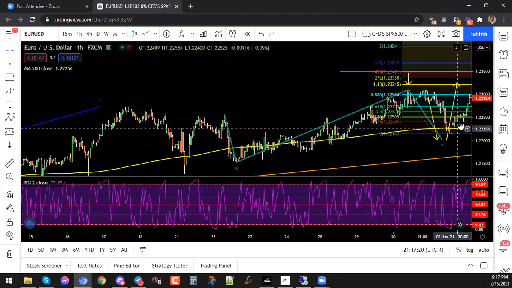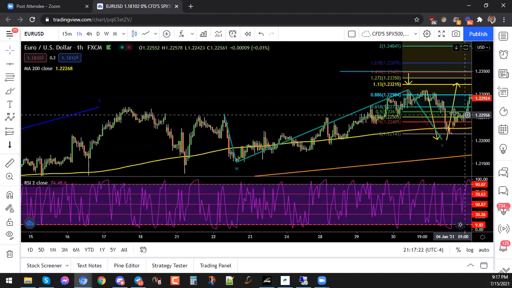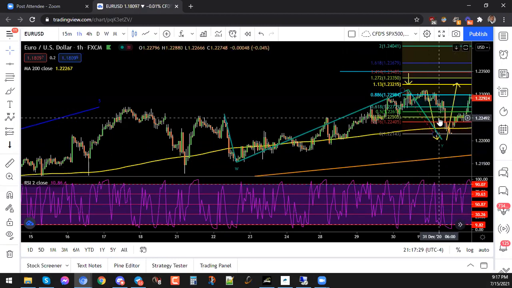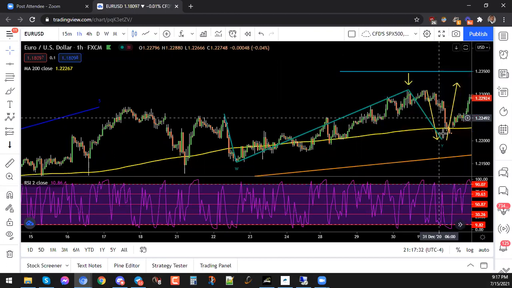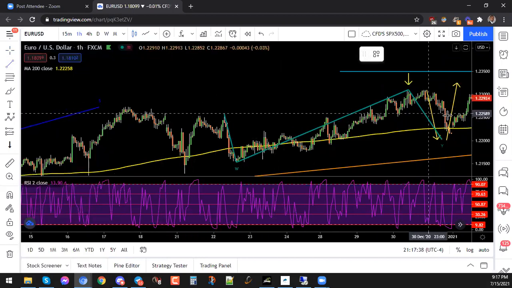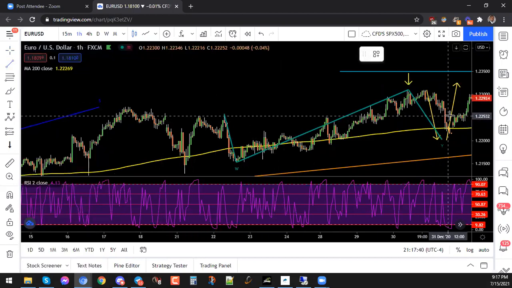Now, how do we outline this piece of price action? Let me just take off the fib. Right, I'll take off the fib for now. A bit much information over there. So let's put on a line, right? So let's look at this.